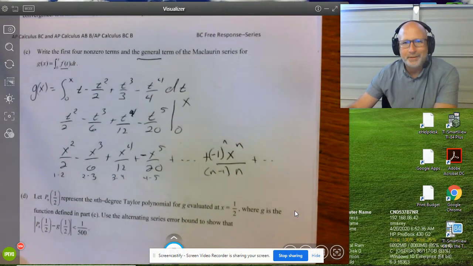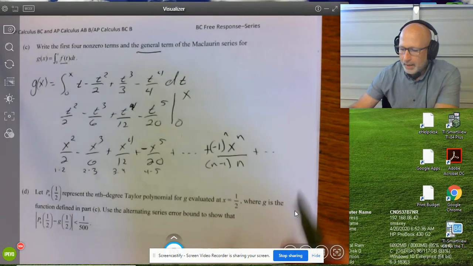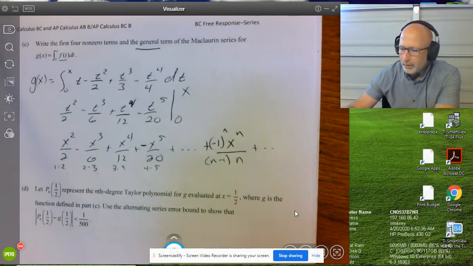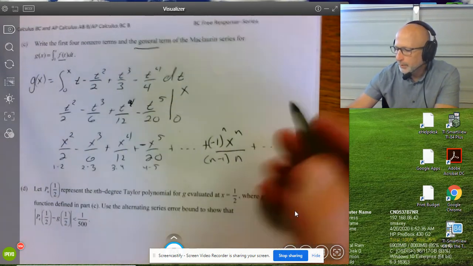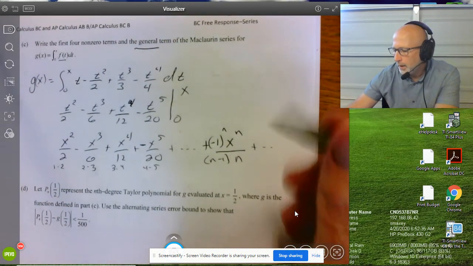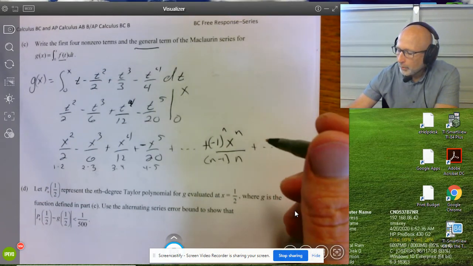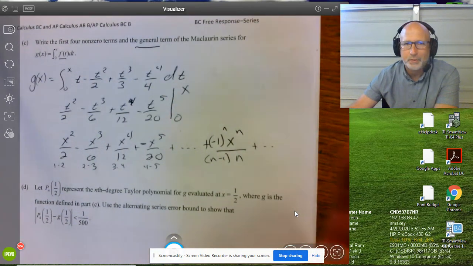Now, let's see if this is going to work, okay? So when we plug in a value for n, we should get this right here. Now, if you start off at 0, you're not going to get that because you're going to get x to the power of 0. So that doesn't work. But you can actually determine what you're going to plug in for this. And this really depends on where you want to start.